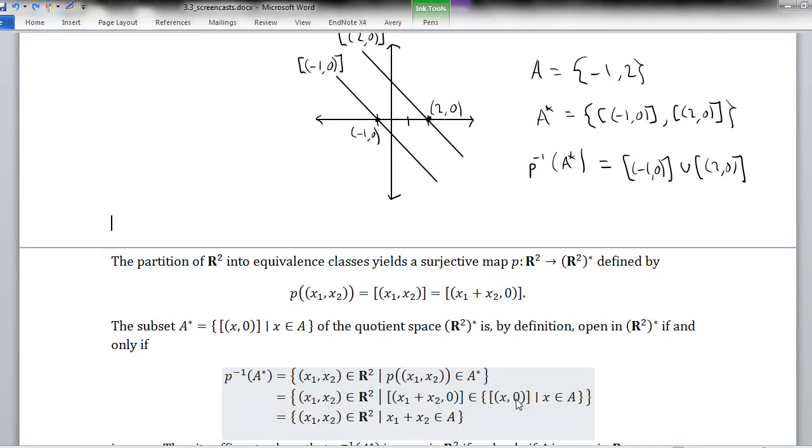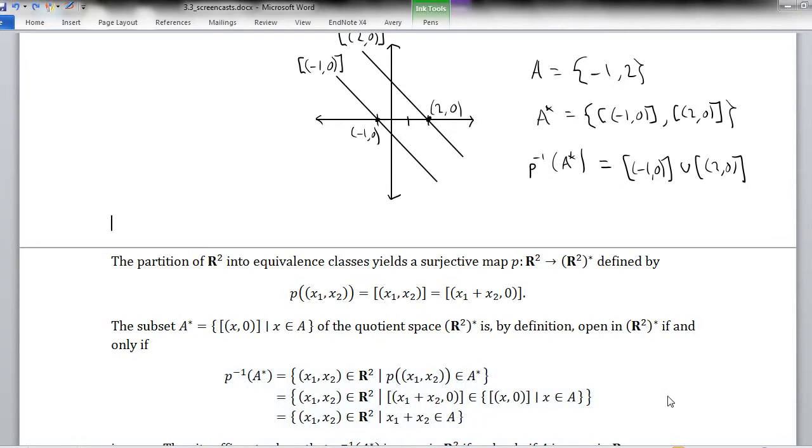In other words, it's this point (x1 plus x2, 0) is equivalent to (x, 0) for some x in A. And it is equivalent if x1 plus x2 plus 0 equals x plus 0. In other words, if x1 plus x2 equals x, where x is in A, so that just means that x1 plus x2 has to be in A. Okay.